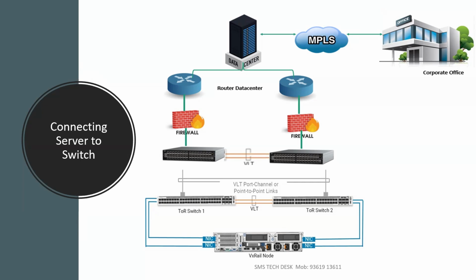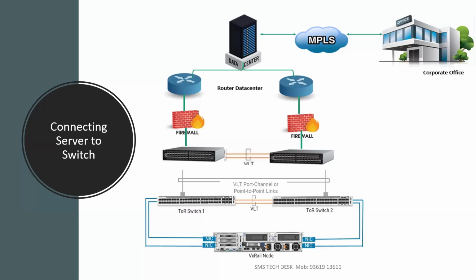The connectivity will go like this. From the corporate office, if I want to connect, I have to come via MPLS, reach the data center, reach the router, firewall, then leaf switch, spine switch, spine switch, then leaf switch, then reach the server. This is how they will reach the server.